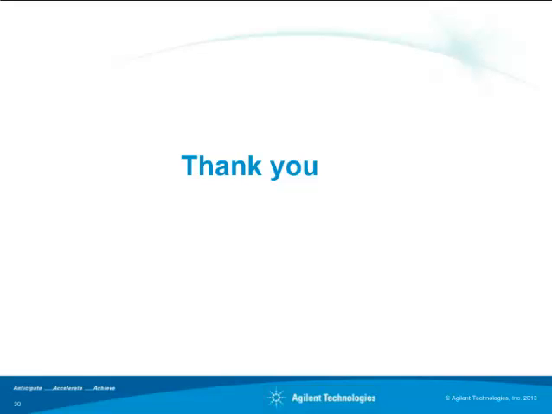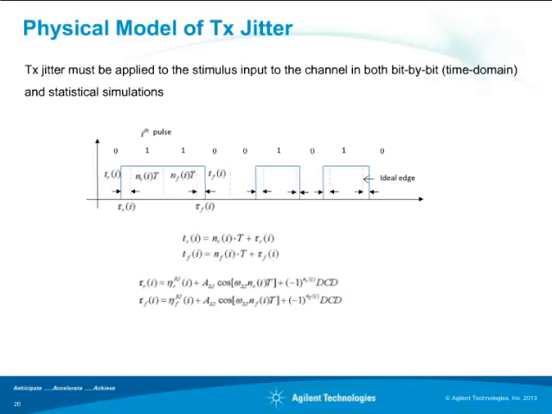It says, how does one apply input jitter in ADS IBIS-AMI simulations? In IBIS-AMI it is the same. In ADS we use the same jitter model as we show in this slide here. Let me show it on the screen.